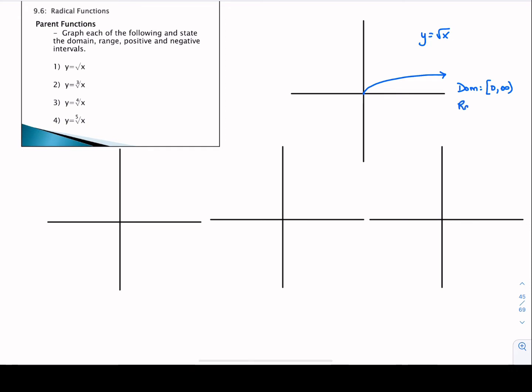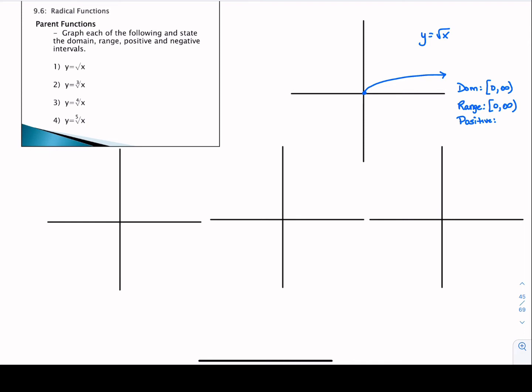The range of this function, remember, think low to high or bottom to top. The lowest y value on this function is right at the origin, so it has a y value of 0. And the highest y value is positive infinity because that tail increases and sneaks its way towards the sky. Now, aside from that, we're looking for where this graph is positive and or negative. By positive, we mean where is this graph sitting above the x-axis?